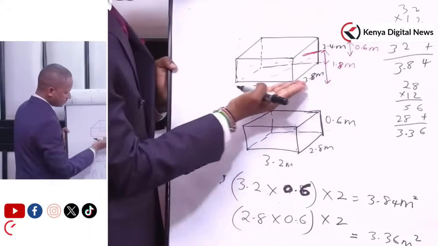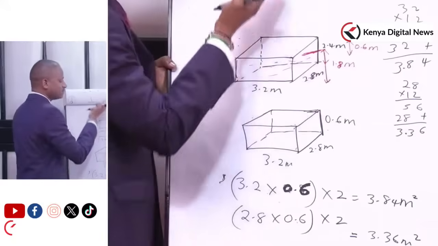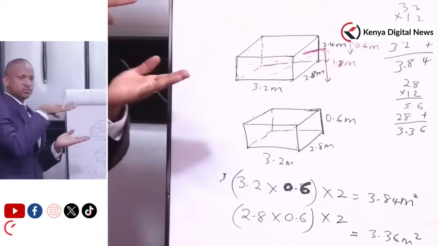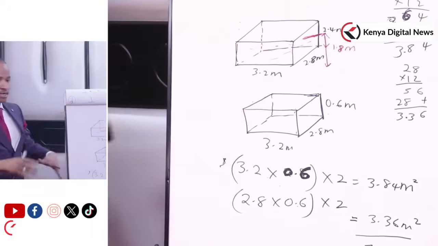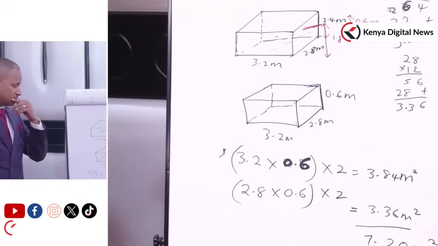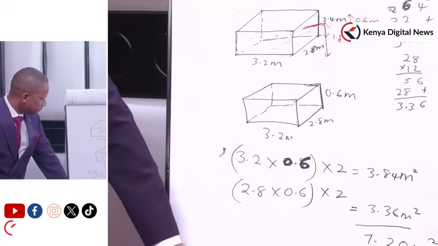Then the base, 3.2 times 2.8 times 2, if it is closed. So this question can be set in those three different ways. Very good.